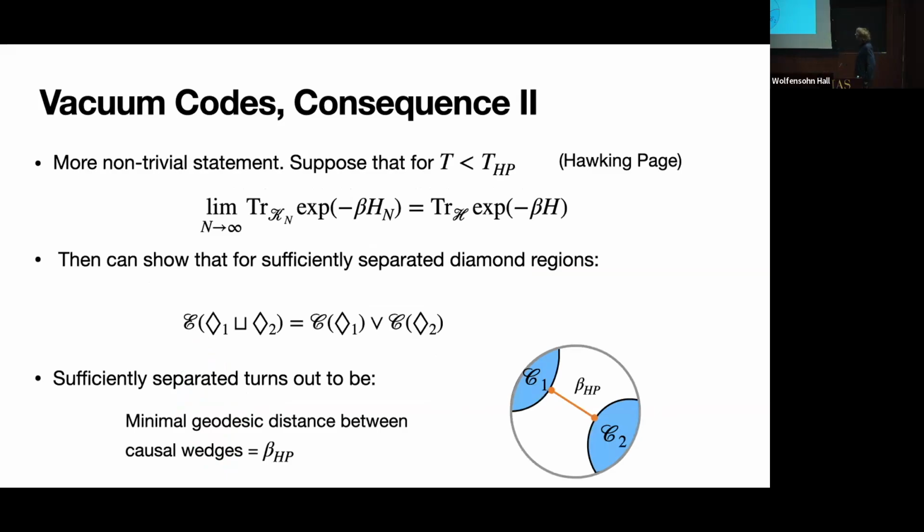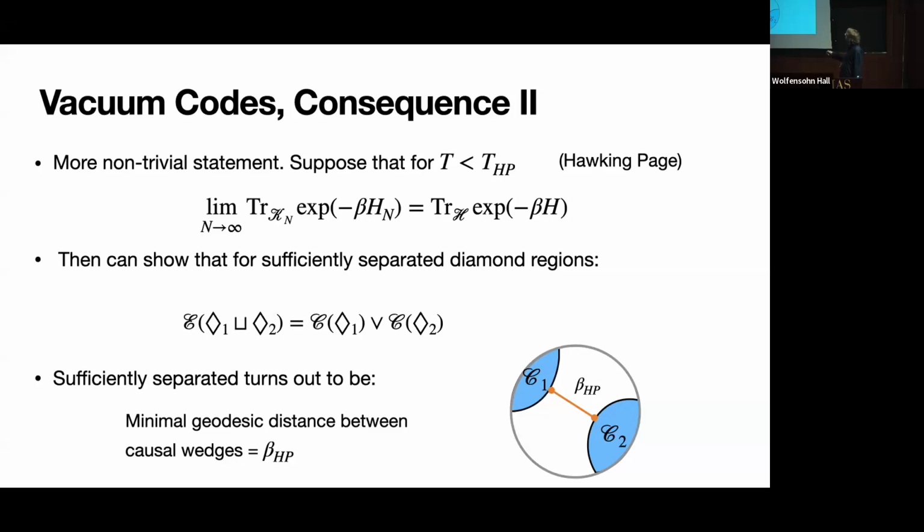There is a more non-trivial consequence. Suppose I have a theory with the following property. I can now talk about the partition function of the theory on the cylinder, where H here is the Hamiltonian for time translations on the cylinder.